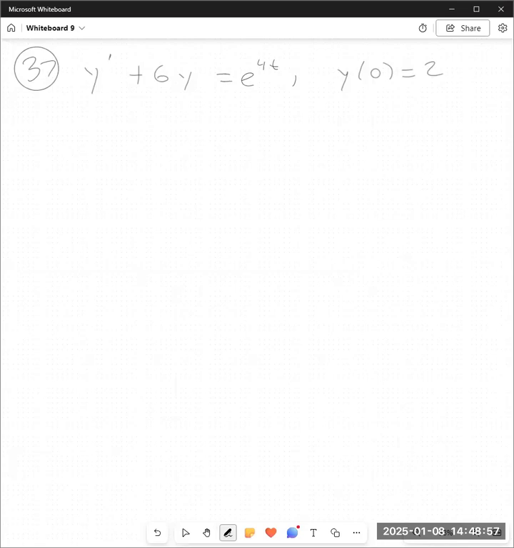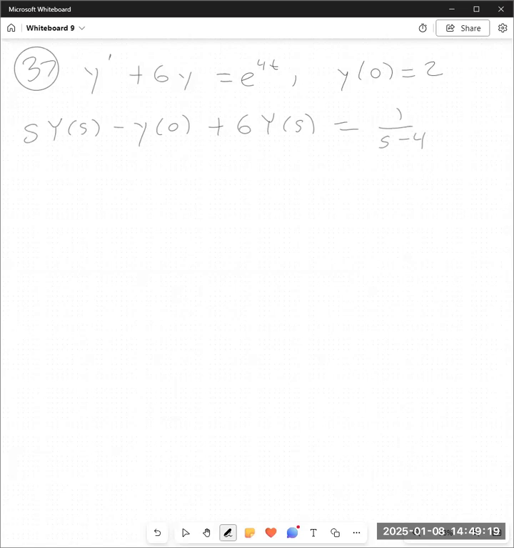So s capital Y of s minus little y of 0 plus 6 capital Y of s is equal to 1 over s minus 4 when we Laplace transform both sides.